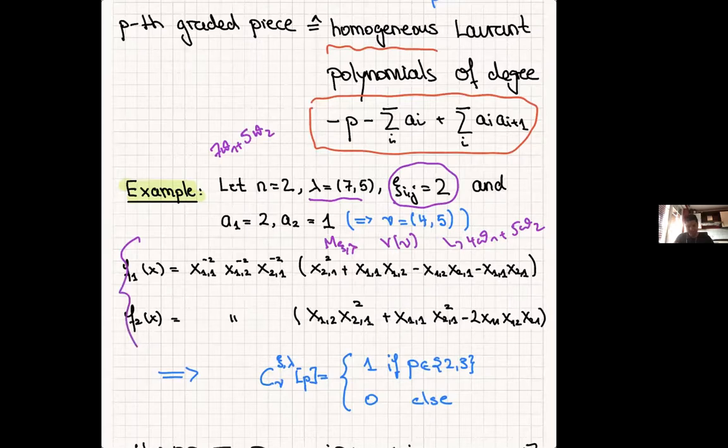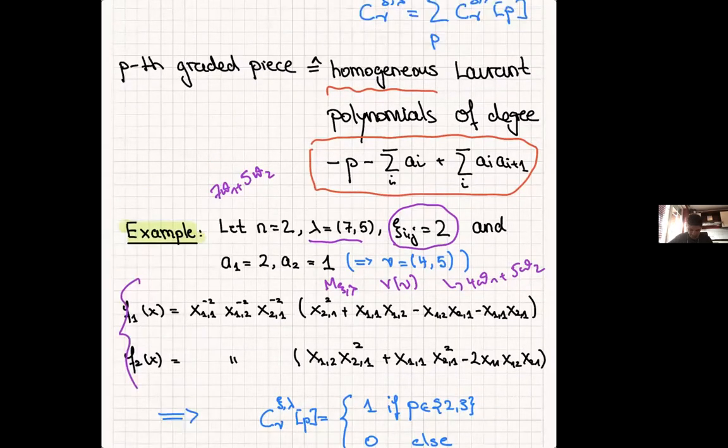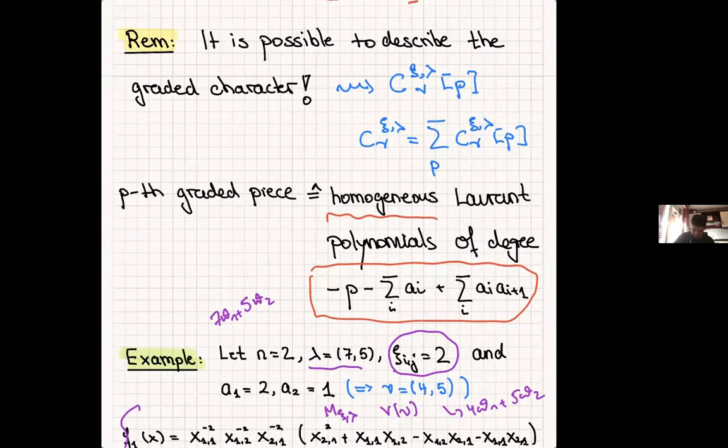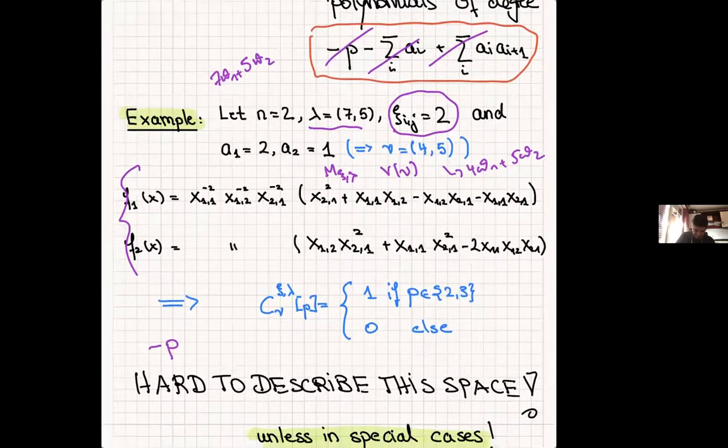But you can also calculate the graded decomposition. So what is the graded decomposition? As I said, the shift is like this. So you take minus p plus, it's still written here, minus the AIs, so it's minus 2 minus 1, so minus 3, plus 2 times 1, so 2. So it's minus p minus 1.